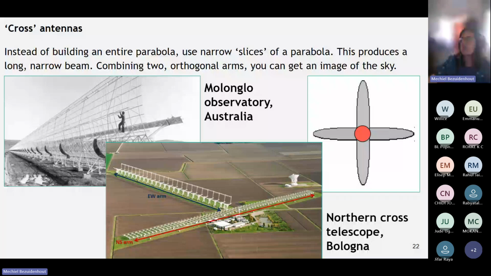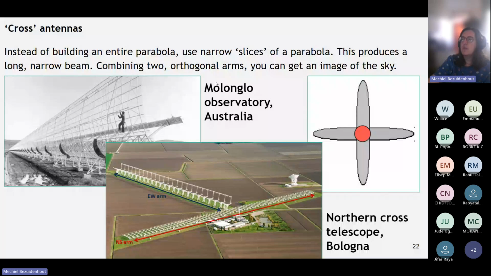Then you have two of those, each of which produces a long, narrow beam, like CHIME. If you put them orthogonally to one another, you have two orthogonal arms where they cross over. That's where you get a sensitive image of the sky, as you can see in the diagram on the right.